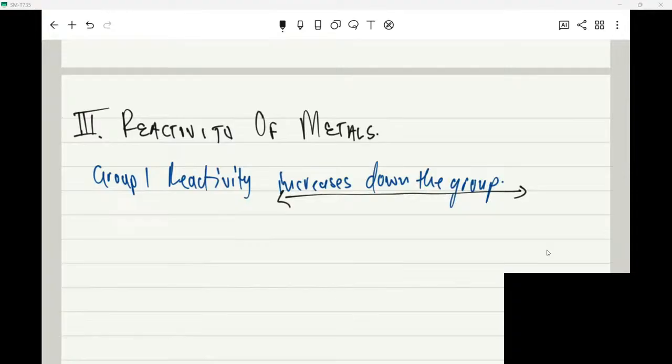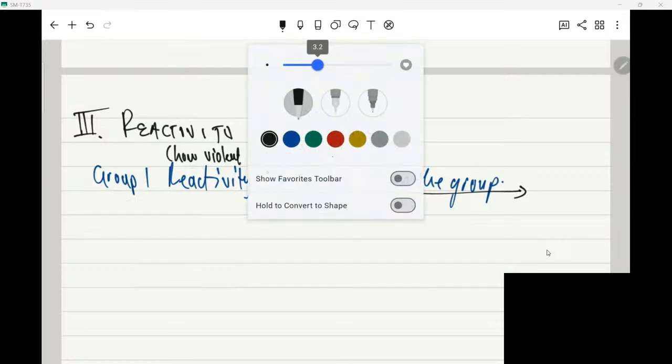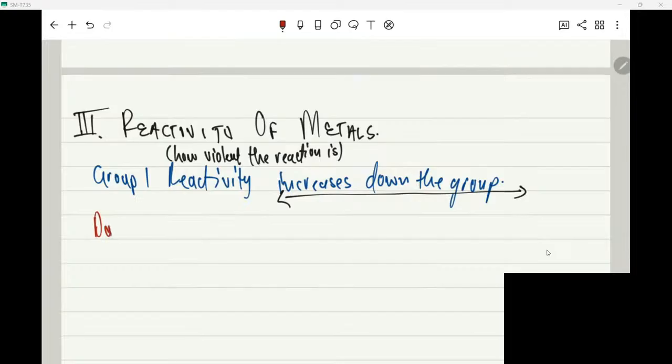So I want you to write here: reactivity, how violent the reaction is, or the reactions are. That tells me the reactivity. For group 1, it is related. Down the group, metallic character increases.